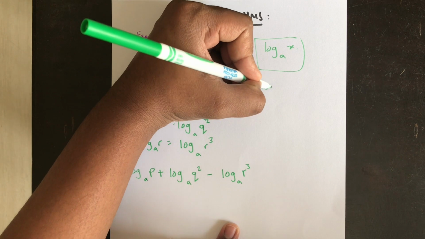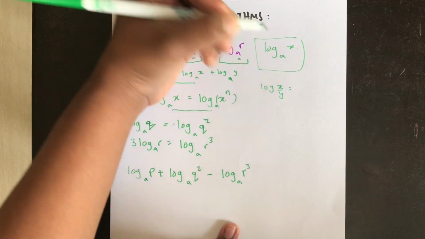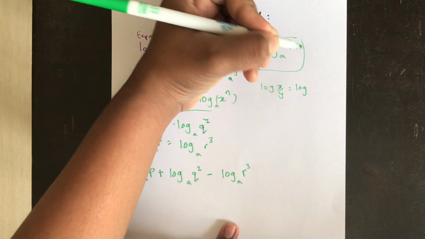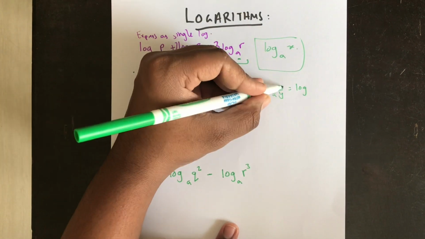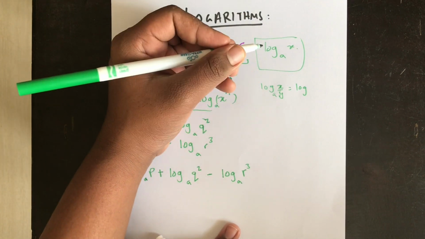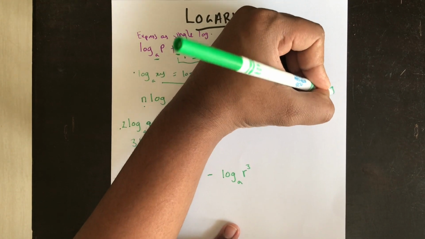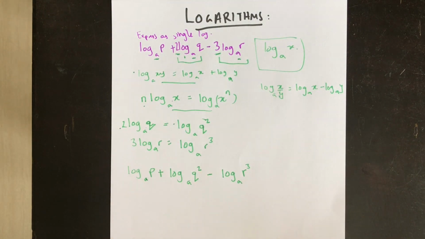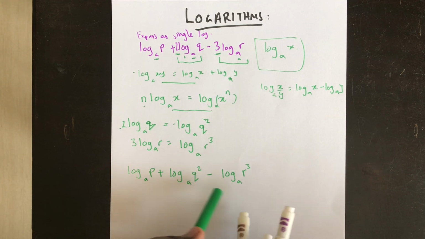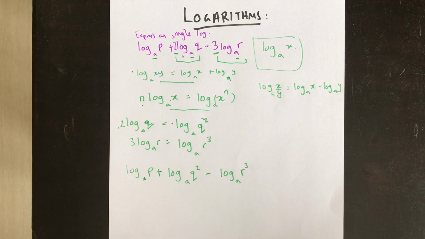We also know log x over y base a is the same as log x base a minus log y base a. We derived this formula. If you have a bit of difficulty understanding this, you can look at our previous videos so that you'll understand everything. Now this is what we are left with and we need to solve this.